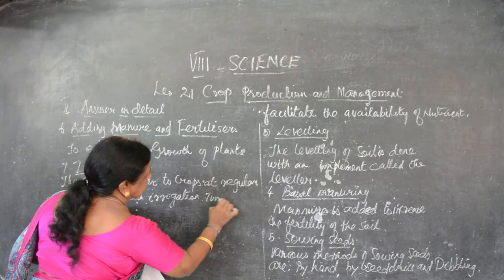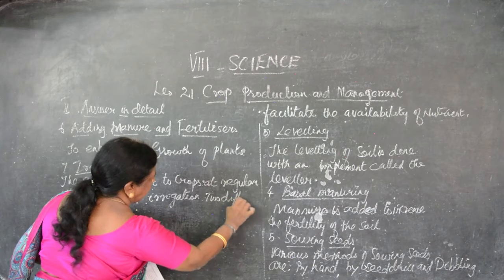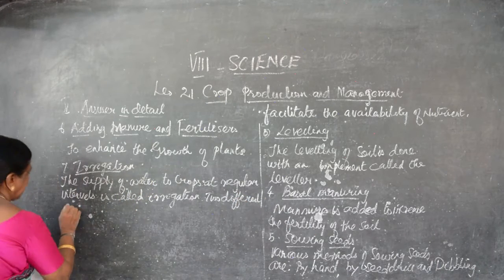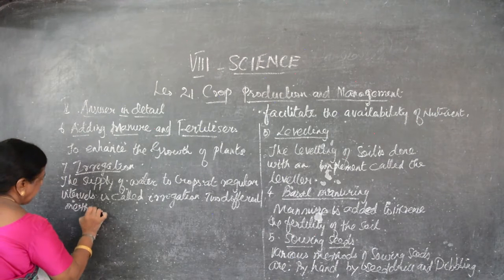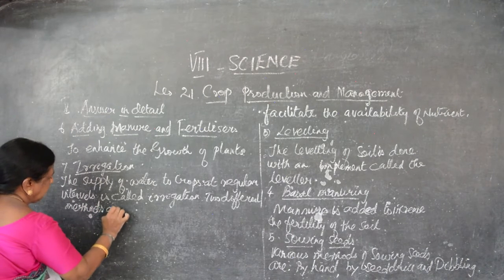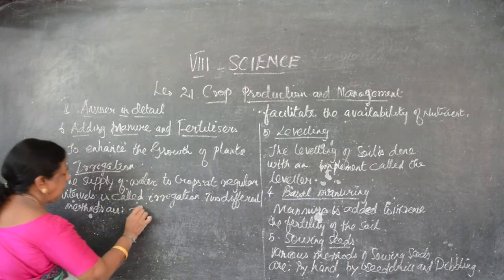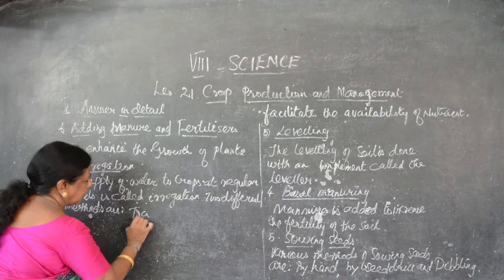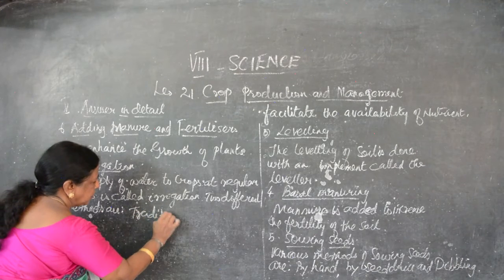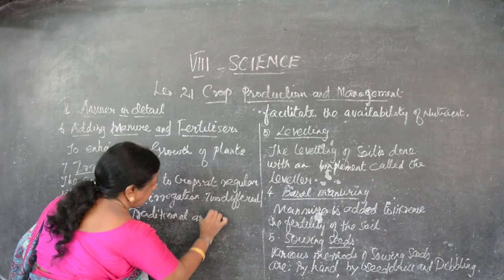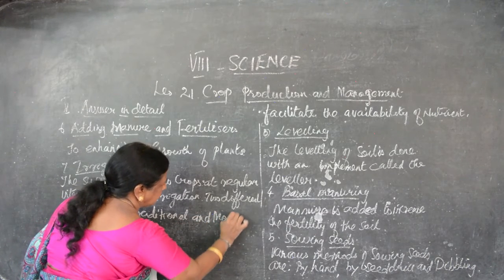Two different methods of irrigation are traditional and modern methods.